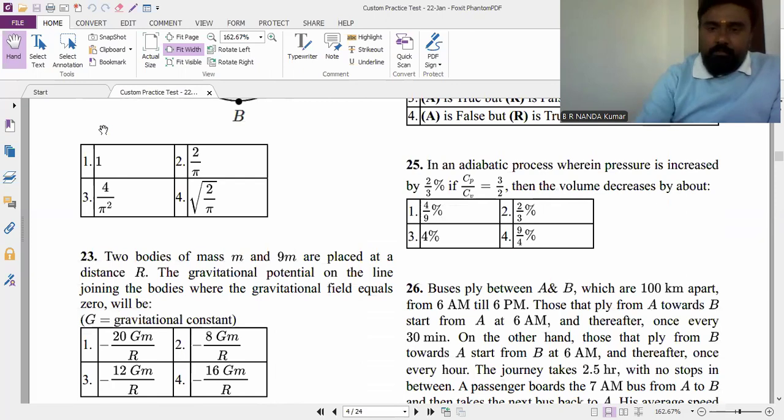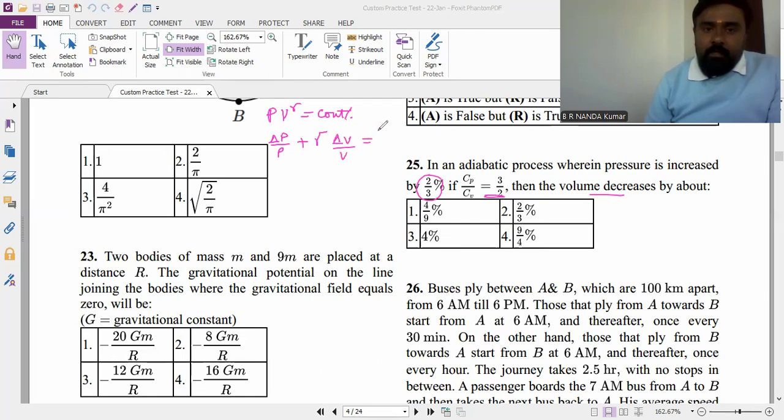The next question number 25. In an adiabatic process wherein pressure is increased by 2 by 3 percent, Cp by Cv is 3 by 2, then the volume decreases by about? In an adiabatic process, P V power gamma is equal to constant. So this is the formula. So we have to differentiate. So delta P by P plus gamma into delta V by V is equal to 0.